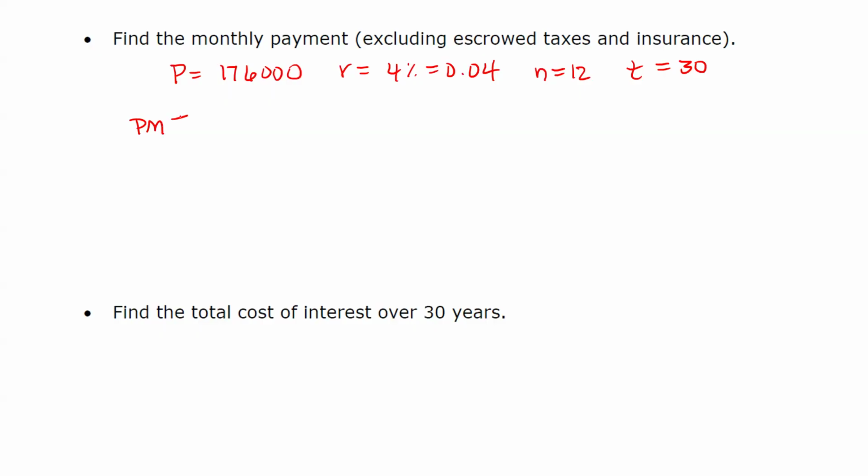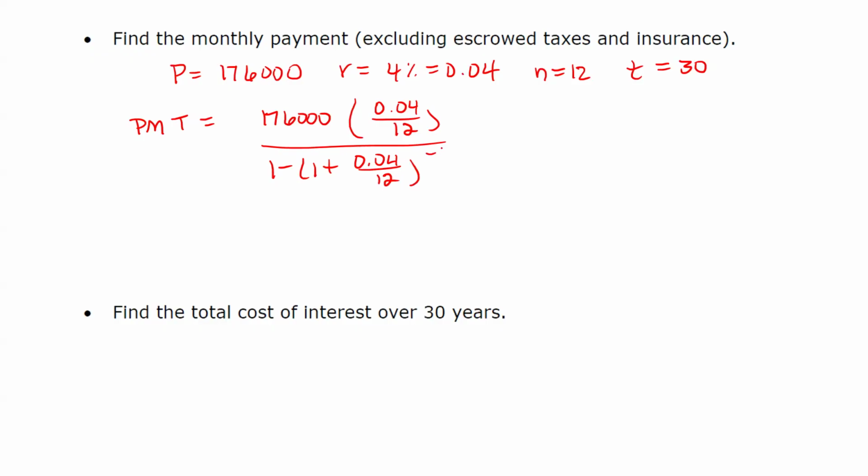So our PMT is going to be 176,000 times 0.04 divided by 12, all of that divided by 1 minus 1 plus 0.04 divided by 12 raised to the negative 12 times 30.